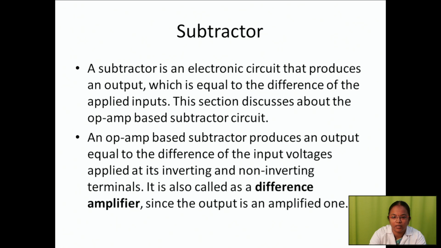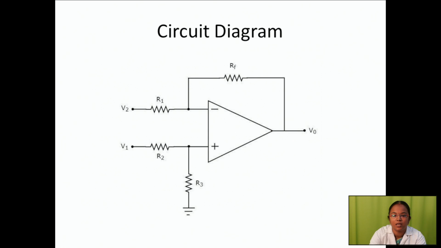In this subtractor circuit, we give input to the inverting terminal as well as the non-inverting terminal. This amplifier provides the difference between the two input signals applied to the two input terminals, so it is also called a difference amplifier. This is the circuit diagram of the difference amplifier.